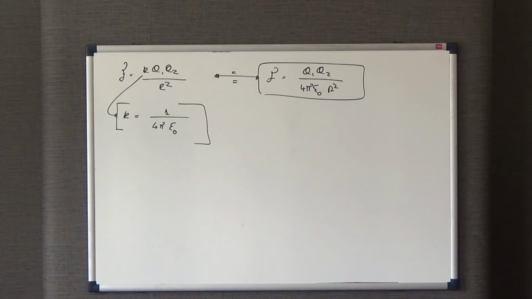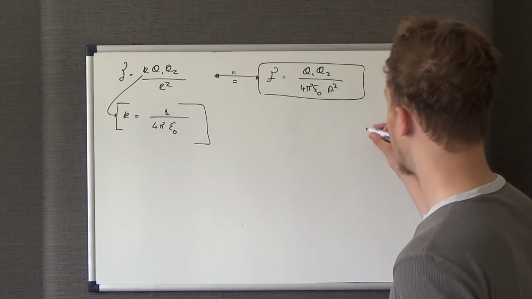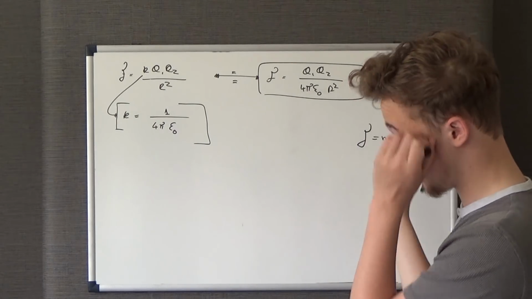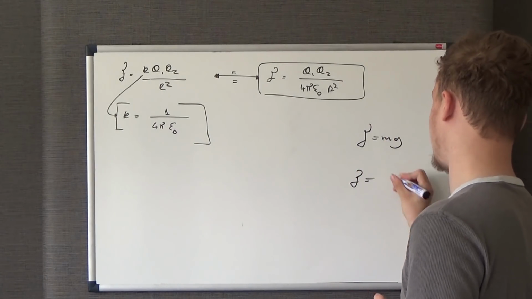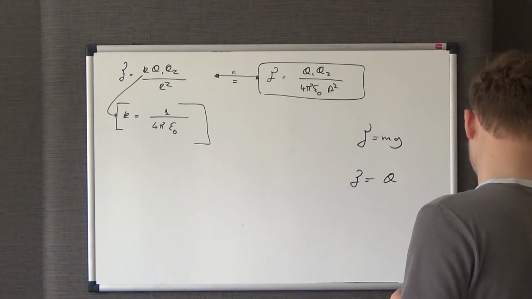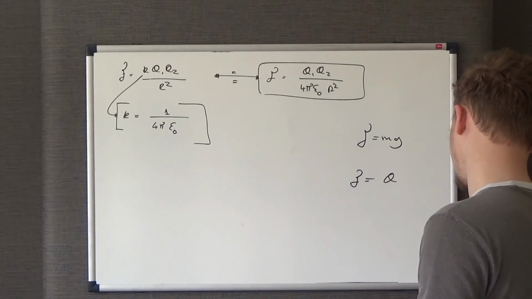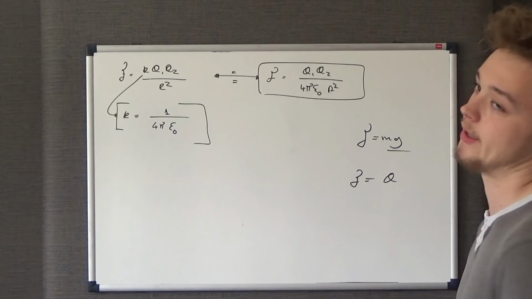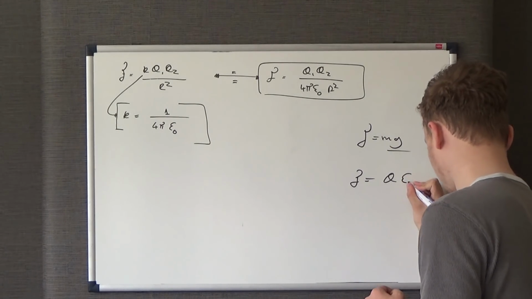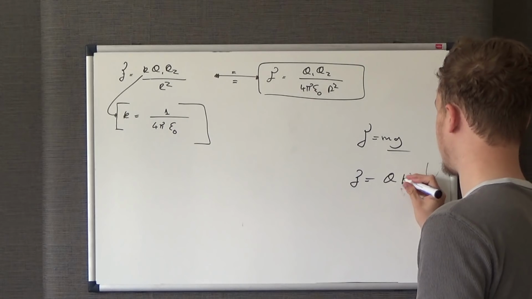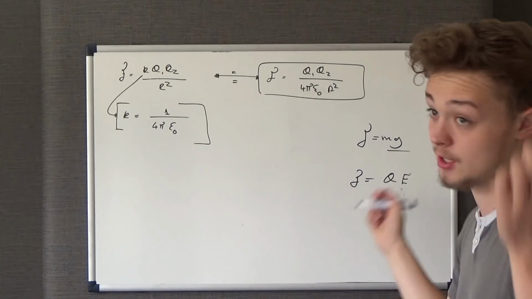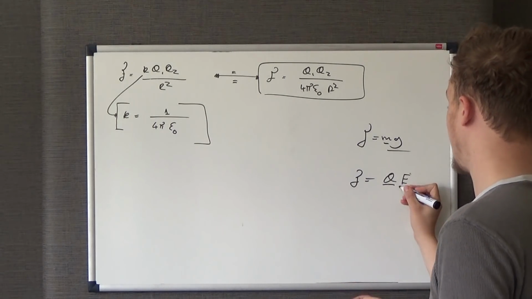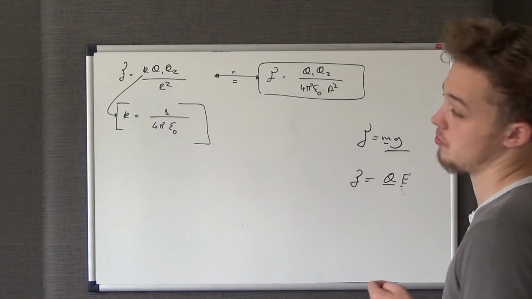Electric field strength is very similar to the idea where I said F equals mg. In gravitation we replace m with q and g with E, the electric field strength, labelled as big E. So F equals QE, where Q is the charge, like mass, and E is the electric field strength, as g is the gravitational field strength.